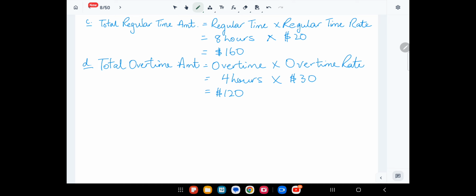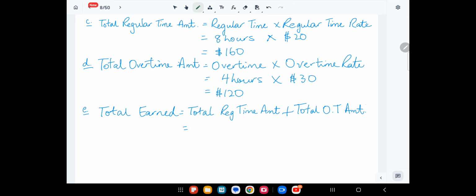So they want to know the total that he earned now. So to calculate the total that he earned, it will be the total regular time amount add the total overtime amount.